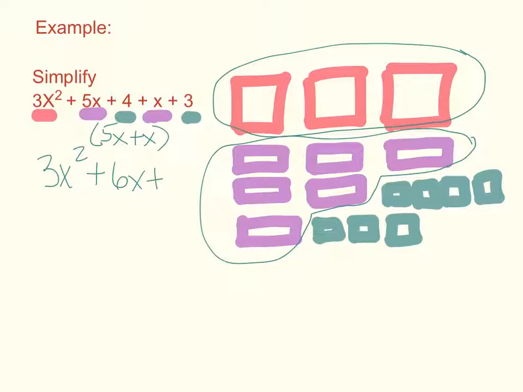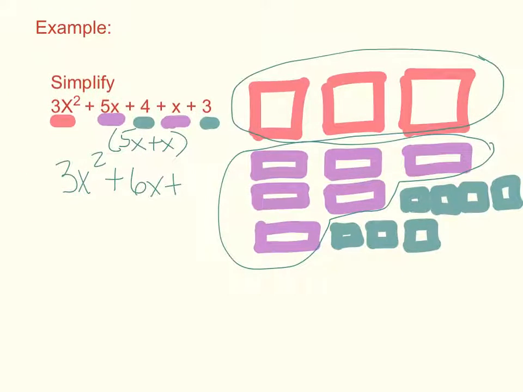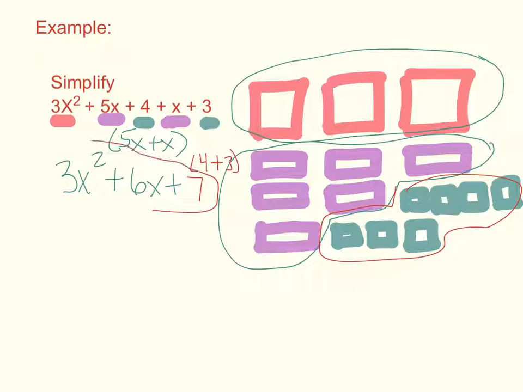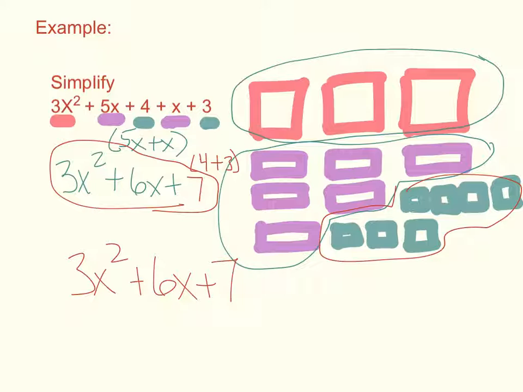Then we have these 4 unit tiles and 3 unit tiles, and so they become 7. So now my final answer is 3x squared plus 6x plus 7.